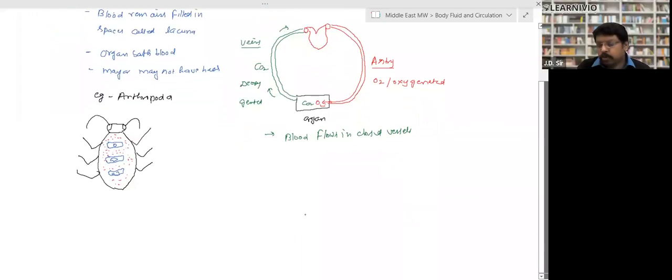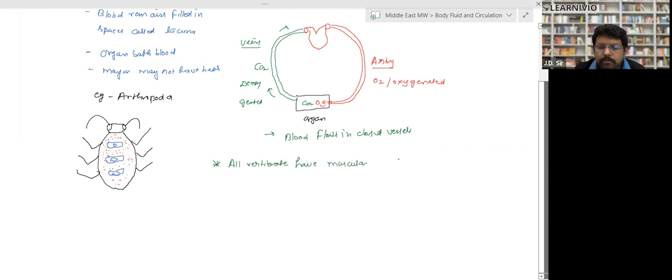So please note down one more thing. There is an important thing: all vertebrates, meaning those which have a vertebral column, have a muscular heart.